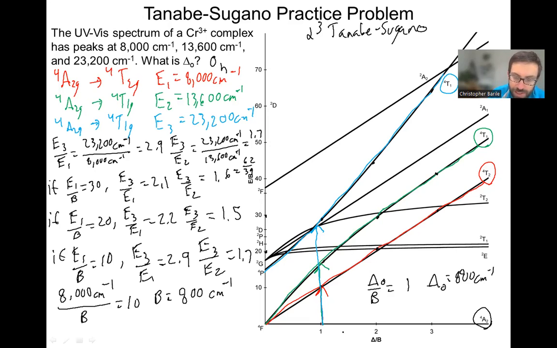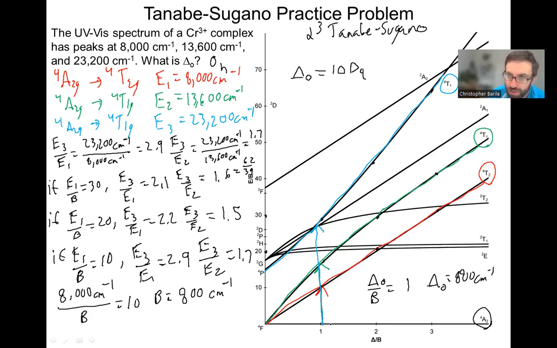It's because this Tanabe-Sugano diagram that we pulled up is actually in units of dq and not delta O. There are two different units to talk about these things, and delta O is 10 dq. So because this is in units of dq, unfortunately, you have to multiply by 10.